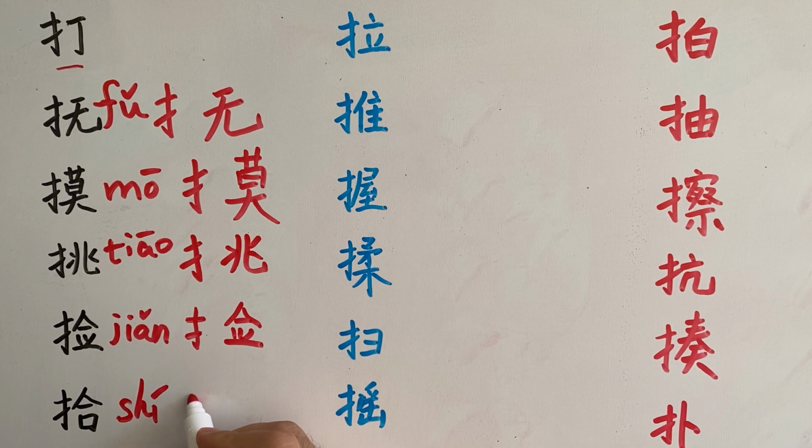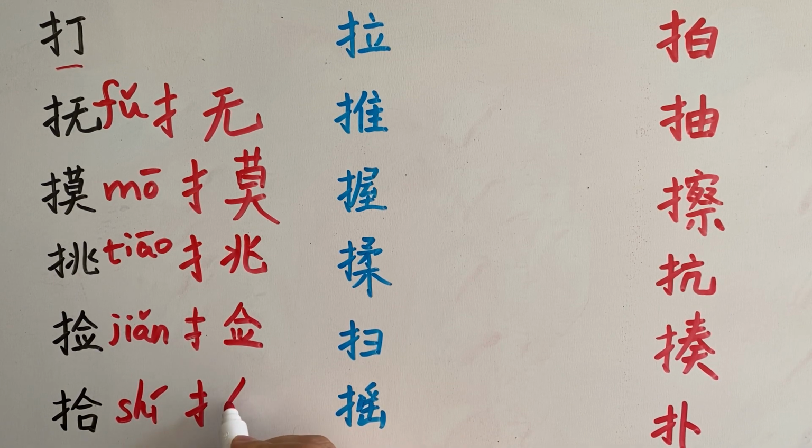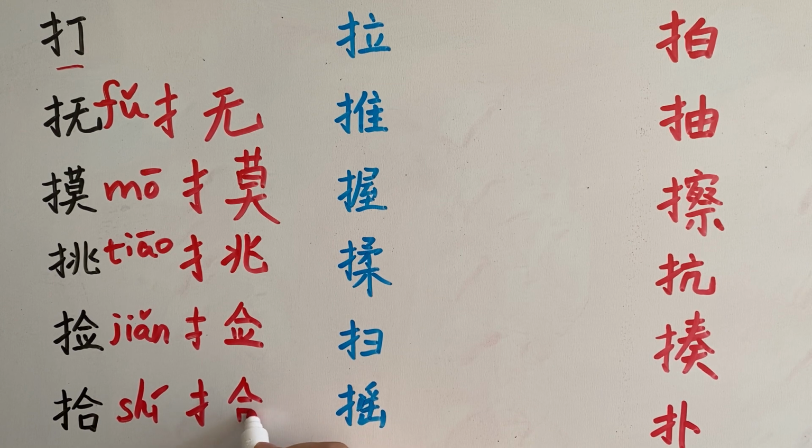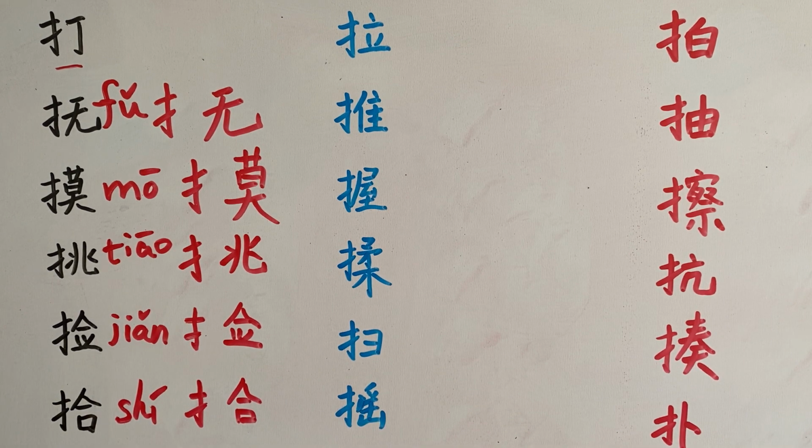But we seldom use 拾起来 in our spoken language. We just say 捡起来, pick up the ball, 捡起那个球来. We don't say 拾起球来, right?